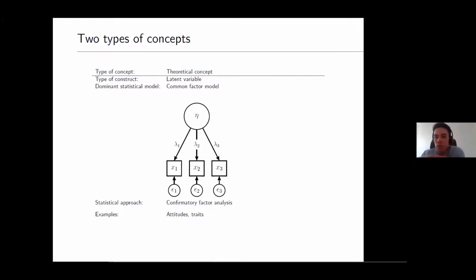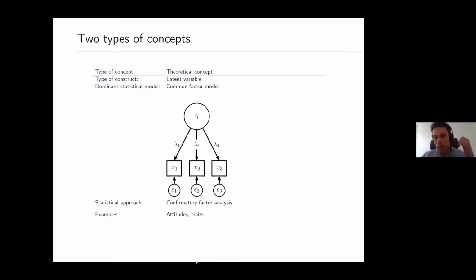To mimic this process in a statistical way, we use the common factor model, which is also called the reflective measurement model. In the reflective measurement model, the concept is represented by a latent variable, and the dominant statistical approach to assess this type of model is confirmatory factor analysis. Examples of such concepts are attitudes or traits.